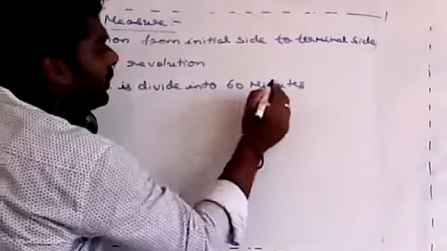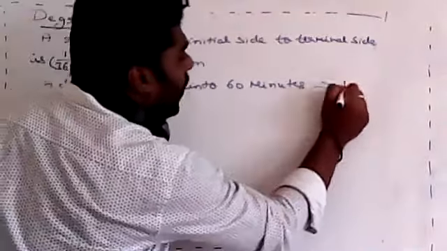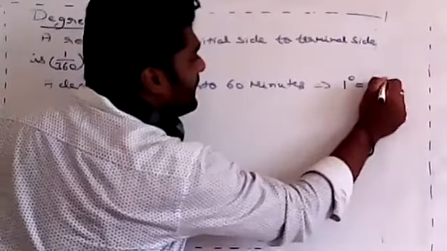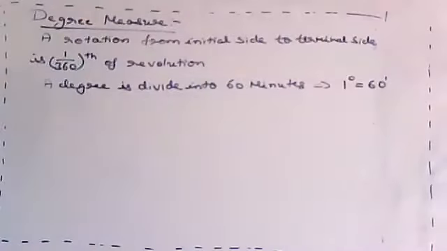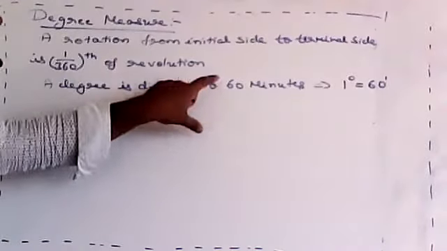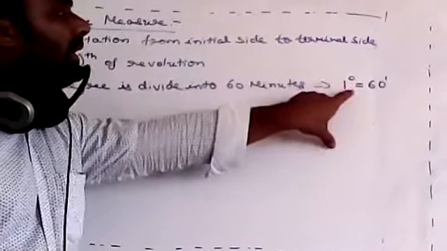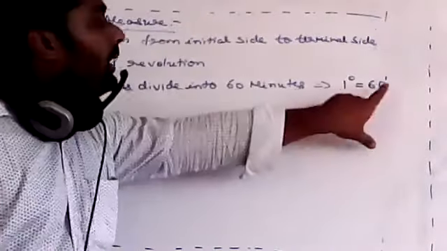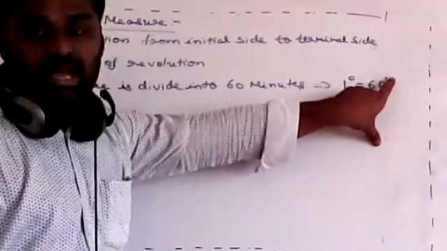So therefore, 1 degree is equal to 60 minutes, which is denoted by 60 dash. Clear? So a degree is divided into 60 minutes means 1 degree is equal to 60 minutes. That one we write denoted by 60 dash, remember.